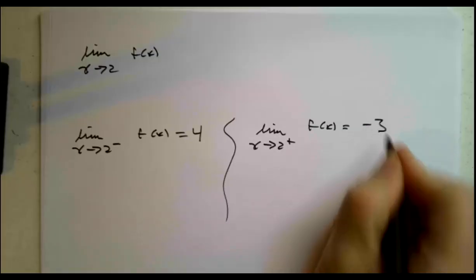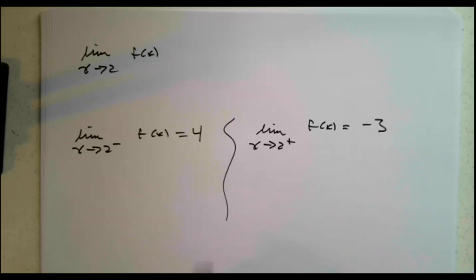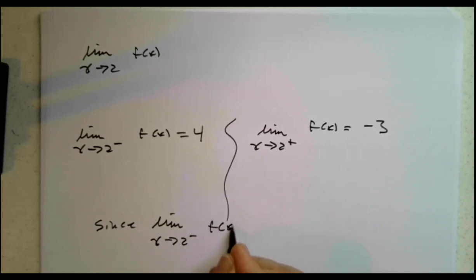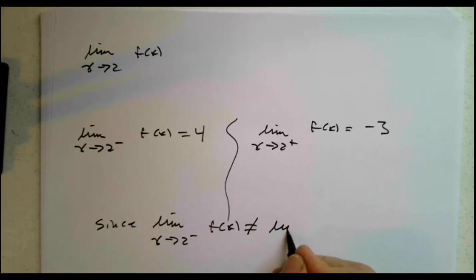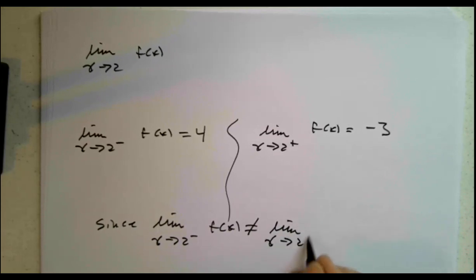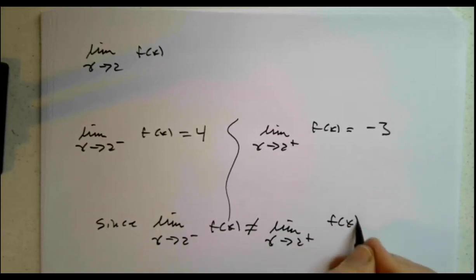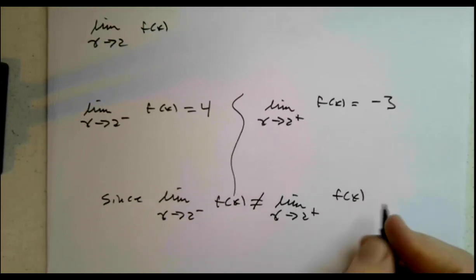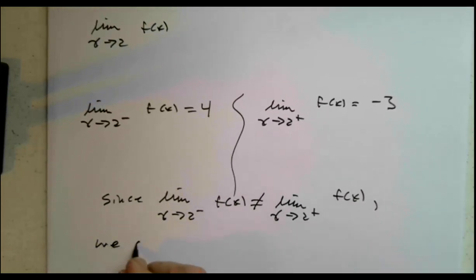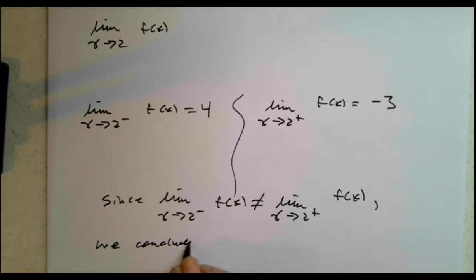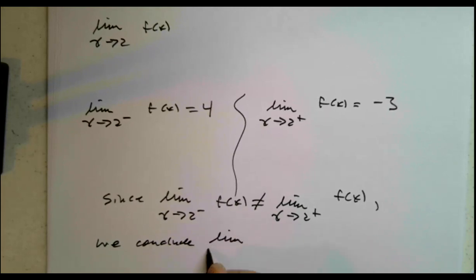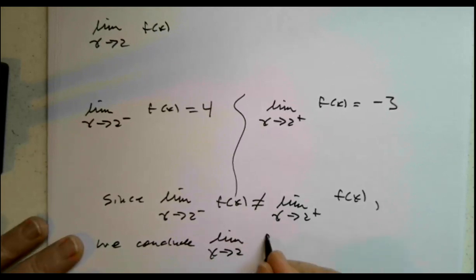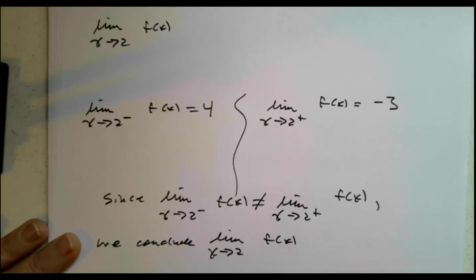They are different. Since the limit as x approaches 2 from the left of f of x does not equal the limit as x approaches 2 from the right of f of x, we conclude that the limit as x approaches 2 of f of x does not exist.